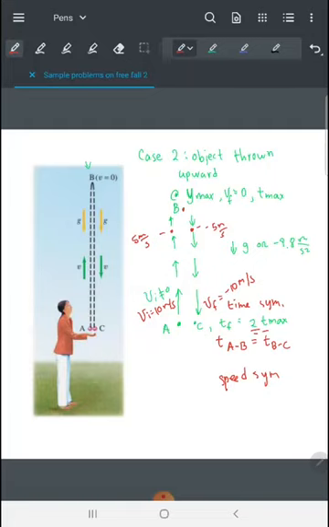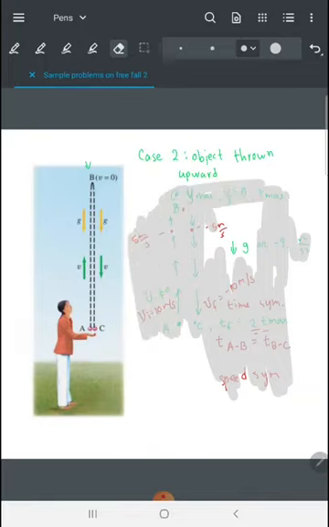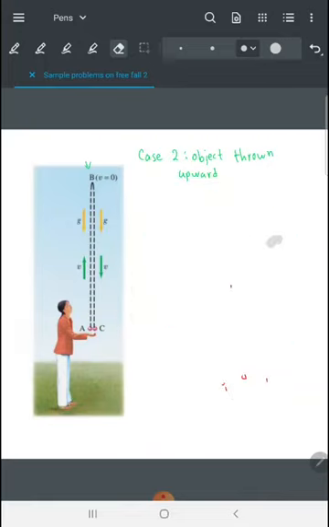So ano ang gagamitin nating formulas for this? Let me just erase them. For case 2, ang gagamitin nating formulas ay yung KE number 1 and KE number 3. So remember, KE number 1 is VF equals VI plus GT, di ba?